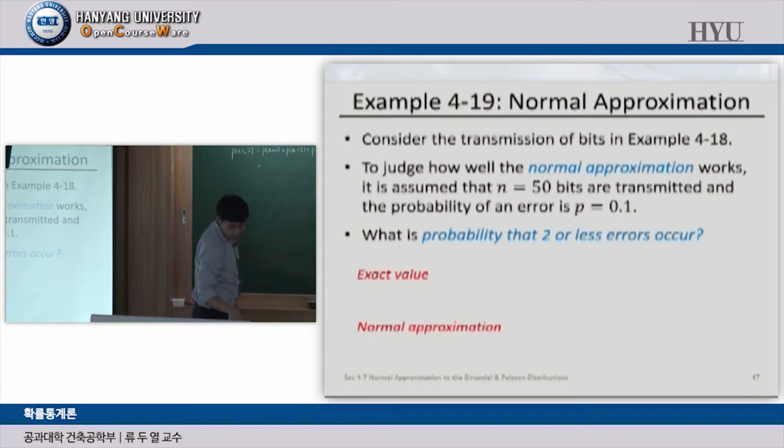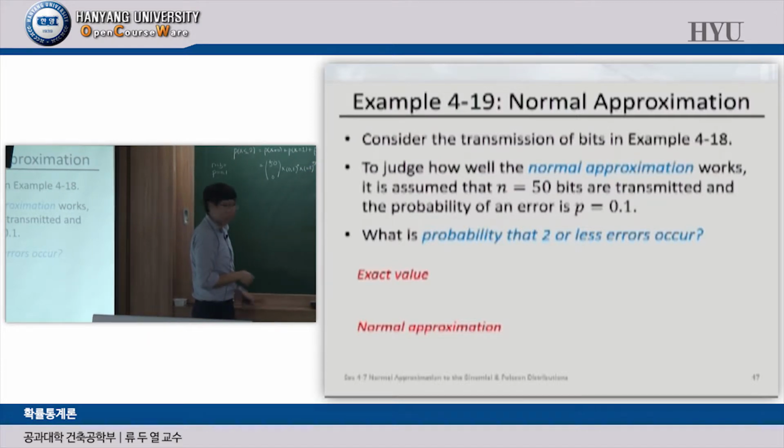And in here, n is 50 and p is equal to 0.1. And based on the equation of the binomial distribution, this can be rewritten as 50 choose 0, right? Multiplied by 0.1 to 0th power by 0.9 to 50th power, right? This is the binomial distribution equation, right?